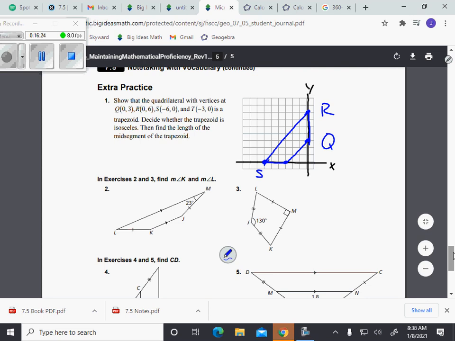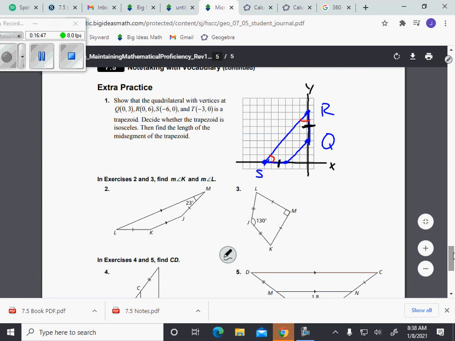It says decide whether the trapezoid is isosceles. What do we need to prove in order for this trapezoid to be isosceles? We either need to prove that these angles are congruent, or that each leg is congruent. I think the legs are easier to find.